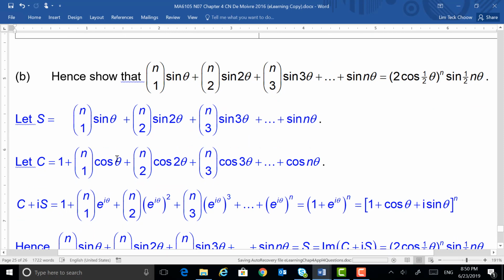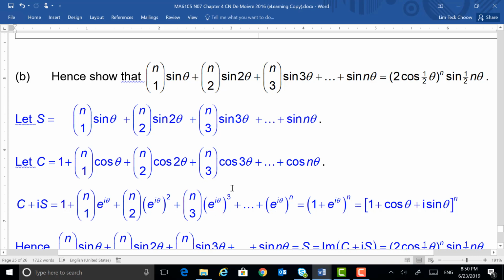You want to note that when I combine these two together, cos theta plus i sine theta is e^(i theta). Cos 2 theta plus i sine 2 theta is (e^(i theta))^2, or actually e^(i2 theta). So I can add them out term-wise, and I get this expression.